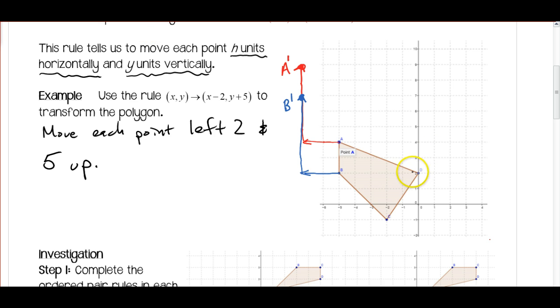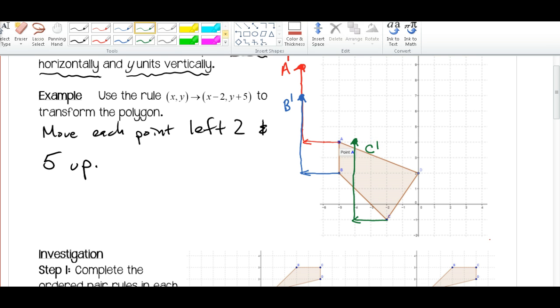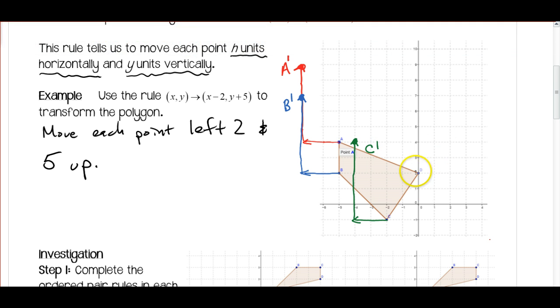And then let's do the same thing with C. So 2 to the left, and 5 up. So here's C prime, and D, 2 to the left, and 1, 2, 3, 4, 5. There's my D prime.